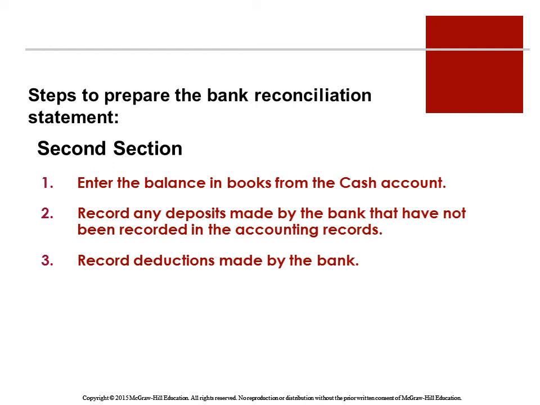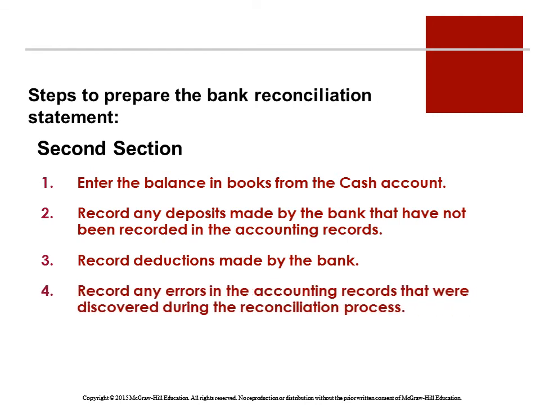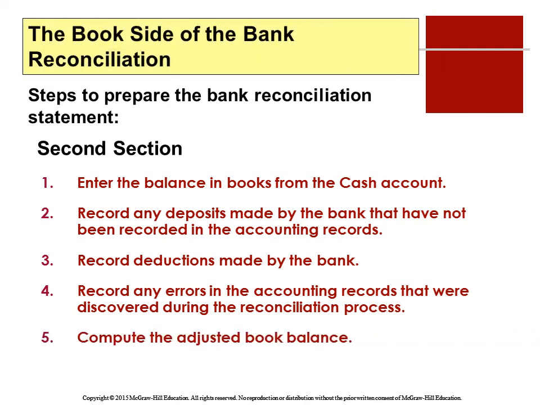But in the second section, you are going to be recording entries so that your books balance with your bank balance. And then finally, you want to record any errors, whether it's our process, our errors, or the bank's errors, or whoever's errors they were, so that we can know at least where the discrepancies are.